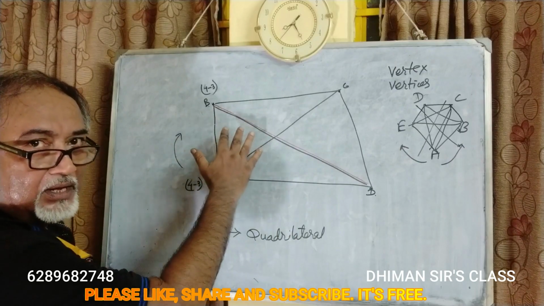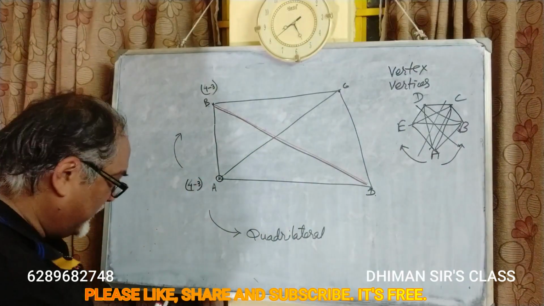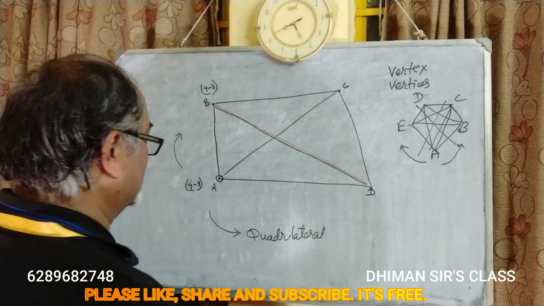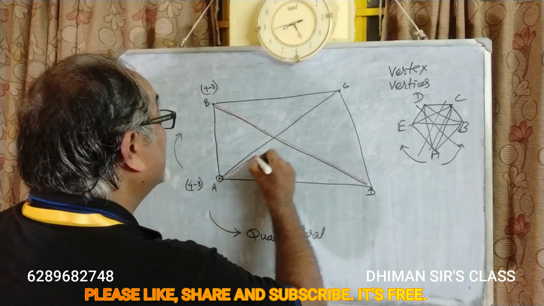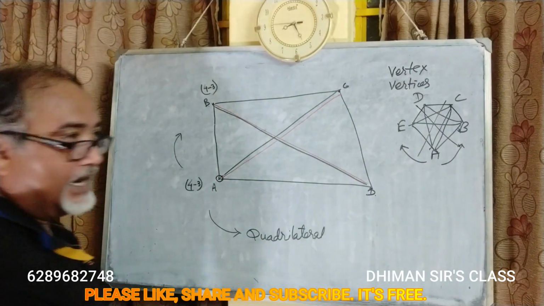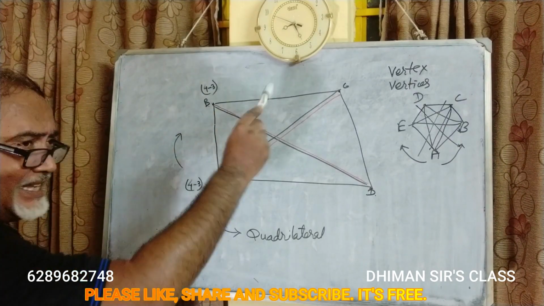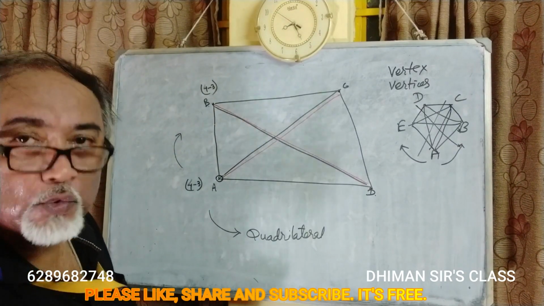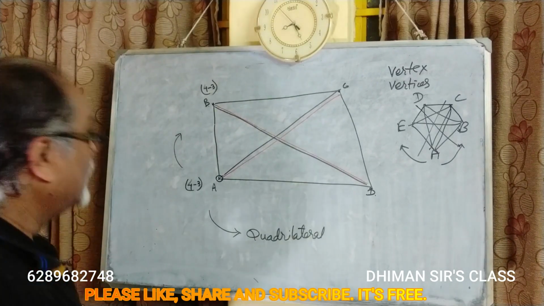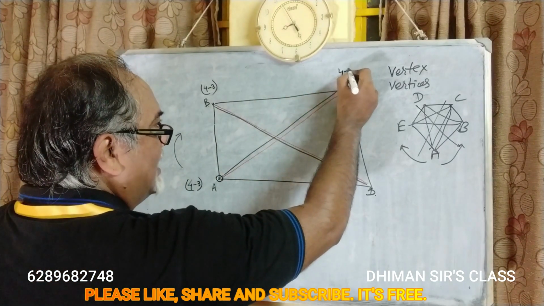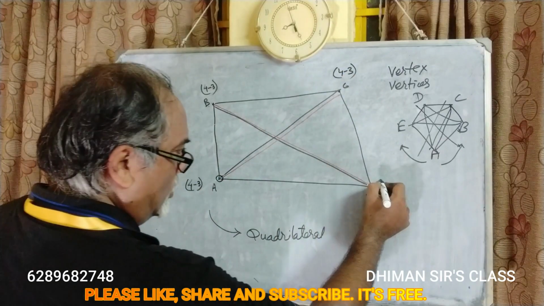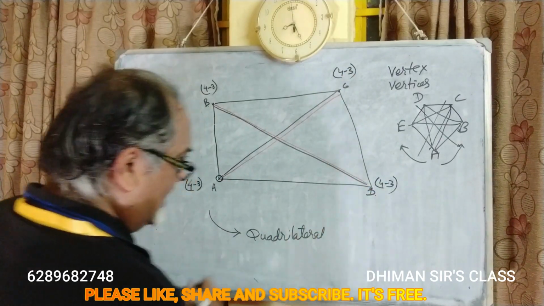Reverse side. Yes or no? So every diagonal can be drawn like this. So each diagonal is double, meaning twice they are repeating. So 4 minus 3 here, 4 minus 3 here.